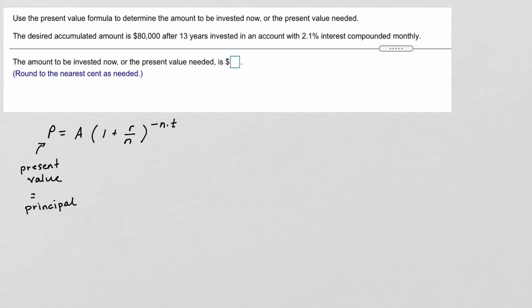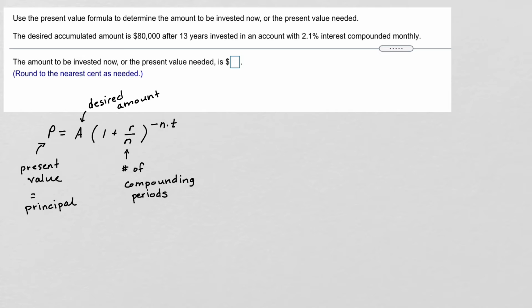Okay, so to calculate that, we're going to look at the desired accumulated amount, that's A, and multiply that by 1 plus R, which is our rate, divided by the number of compounding periods, and that's going to be the number of compounding periods in 1 year.